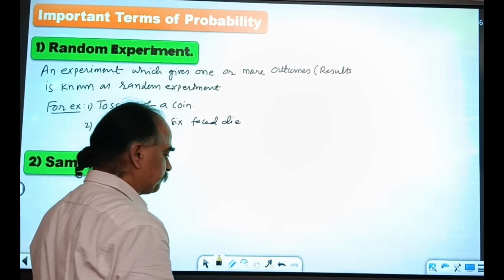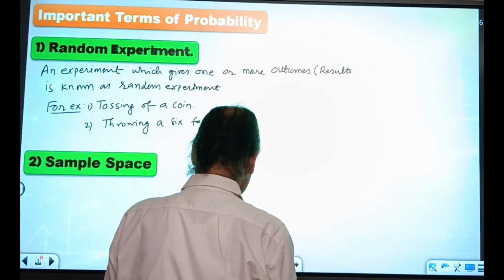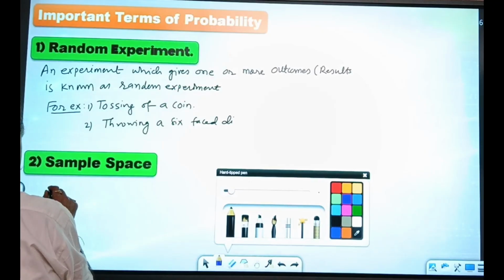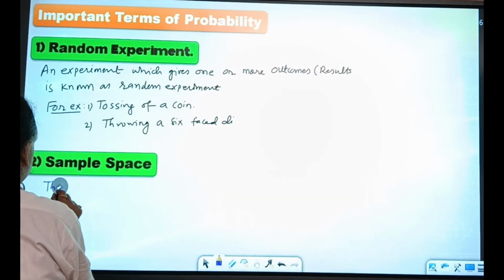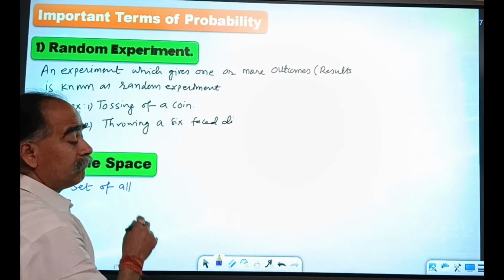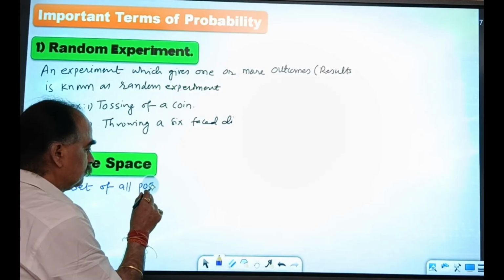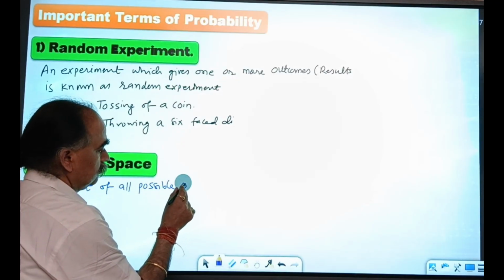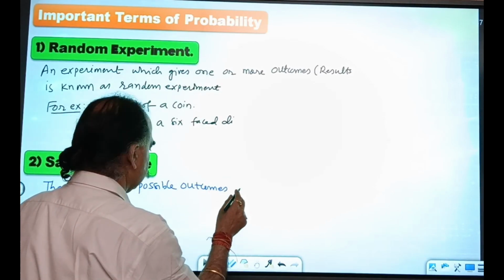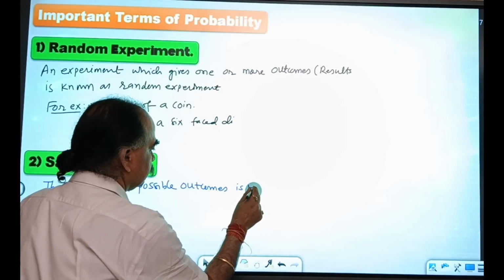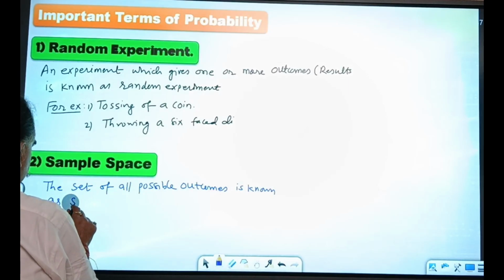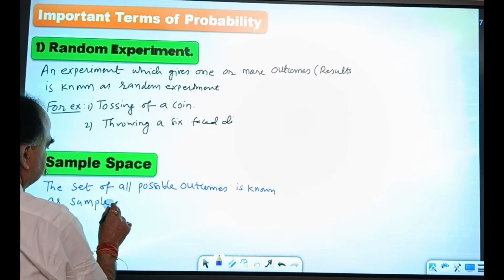The next is sample space. The set of all possible outcomes is known as sample space.